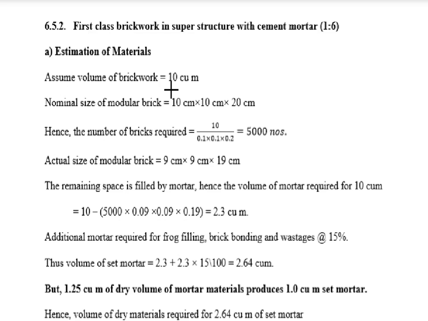We have taken a volume of 10 cubic meter of first class brick construction. The volume of the brickwork is 10 cubic meter. As we calculated in the last class, the nominal size of a modular brick is 10 centimeter width, height, and length.